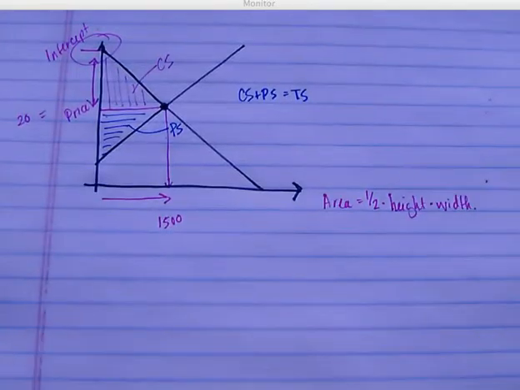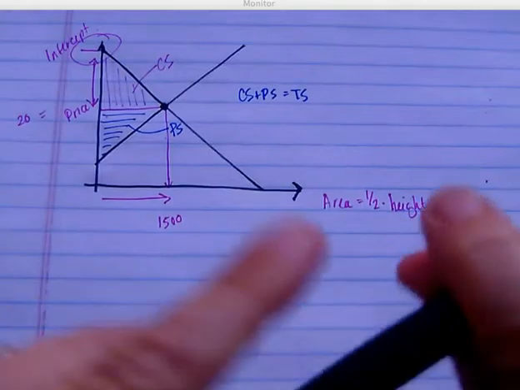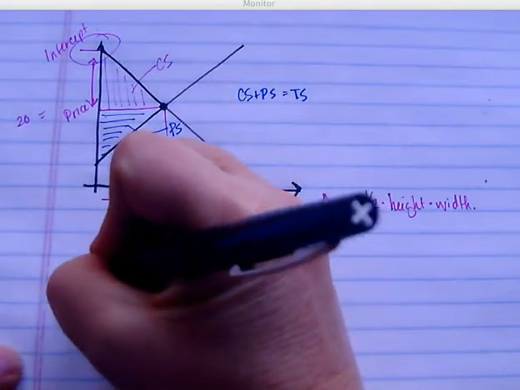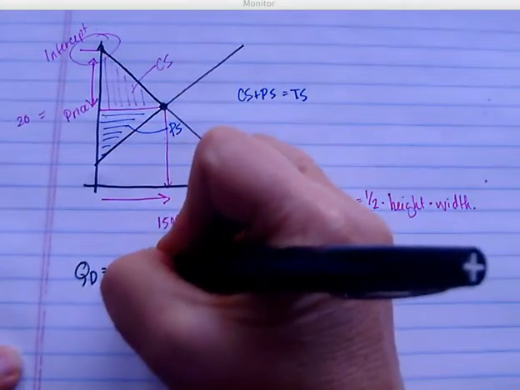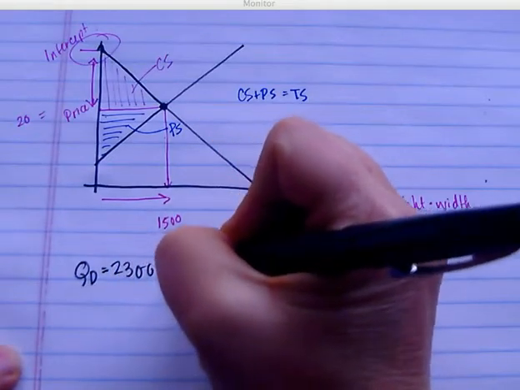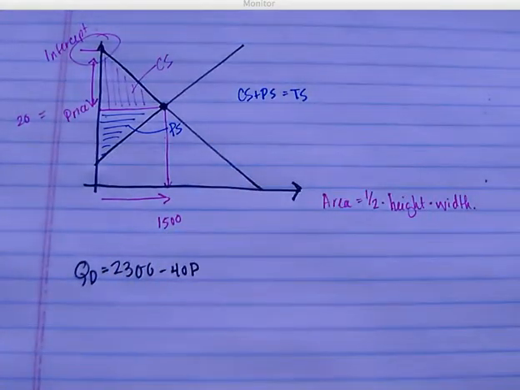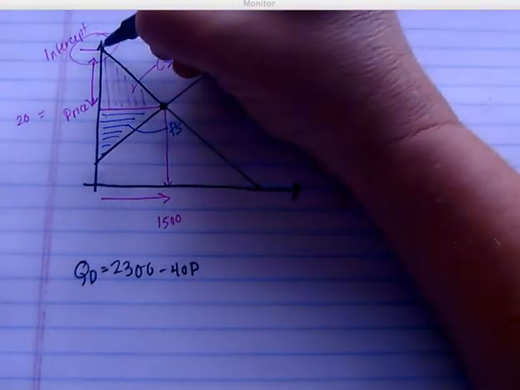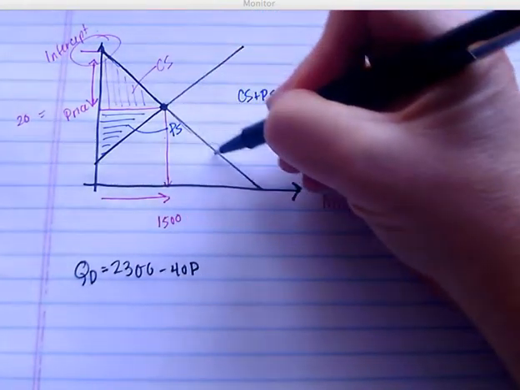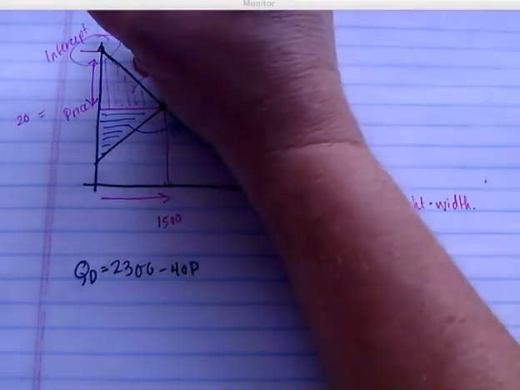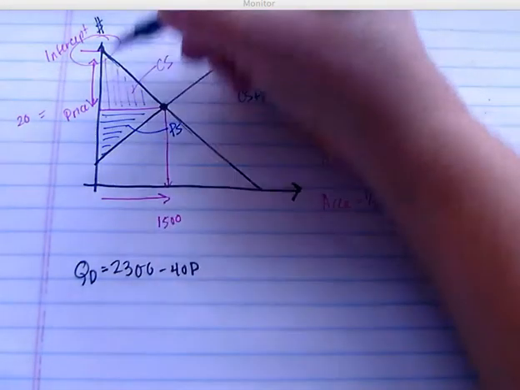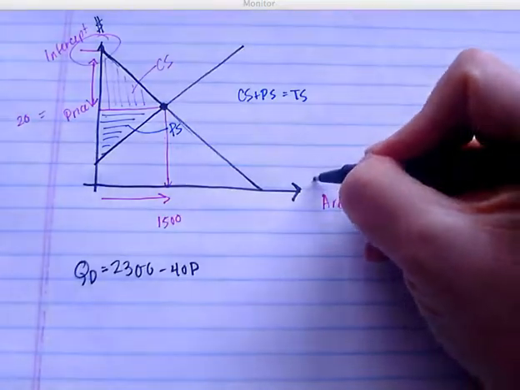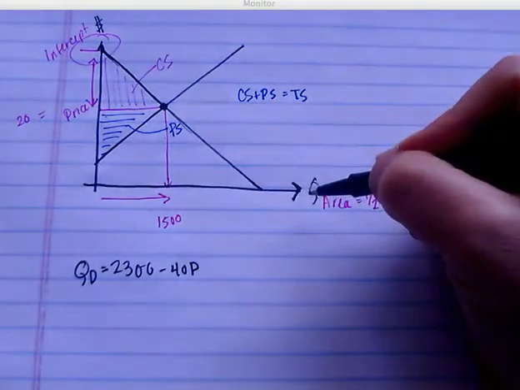So recall that the demand curve, quantity demanded, is equal to 2,300 minus 40p. Now, this is the demand curve, but what we have drawn on our graph is actually the inverse demand curve, because the y-axis is dollars and the x-axis is quantity.